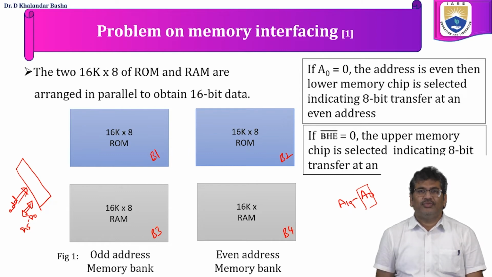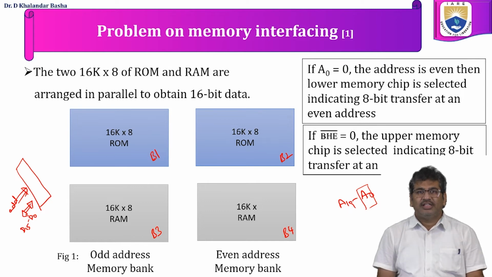So in the figure, if you observe, block 1 is selected for two cases. The first is a 16-bit data transfer with respect to ROM, then we have to select both block 1 and block 2. If it is an 8-bit data transfer and an odd address, then we select B1 if it is ROM, and B2 will be selected if you are accessing data from the even address bank and the size of the data is 8-bit corresponding to ROM block.